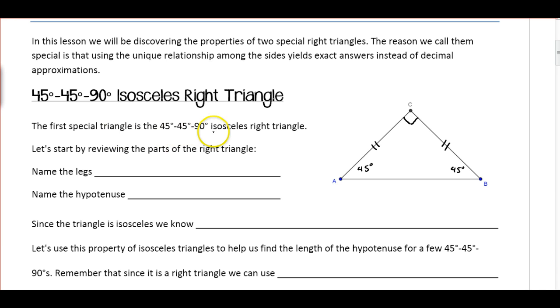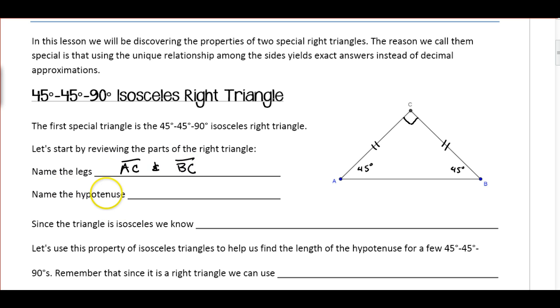So we're looking at the 45, 45, 90 isosceles right triangle, and let's go over the parts of the right triangle before we get going here. We've got the legs. The legs are the two sides that meet at the right angle, so that's side AC and side BC.